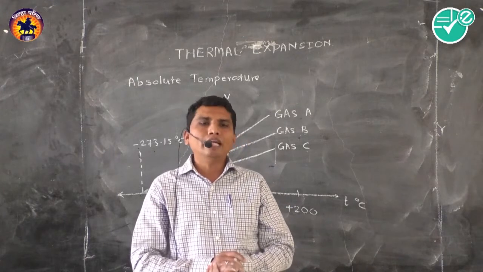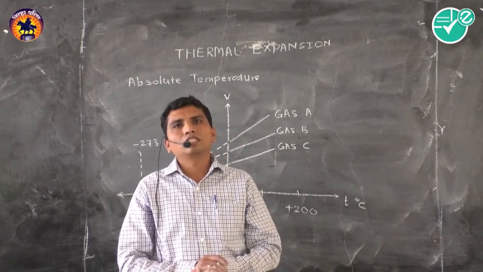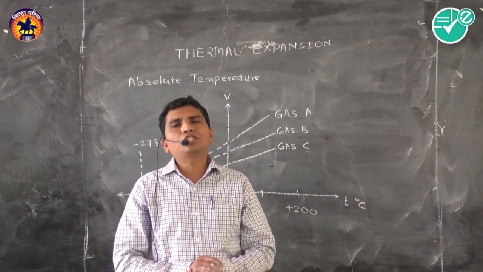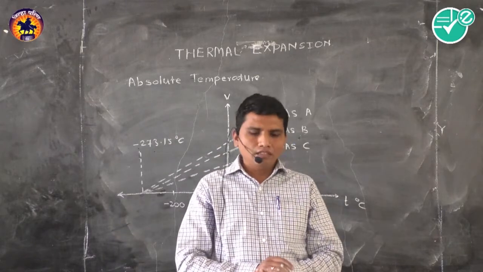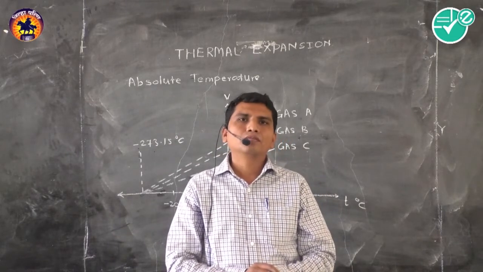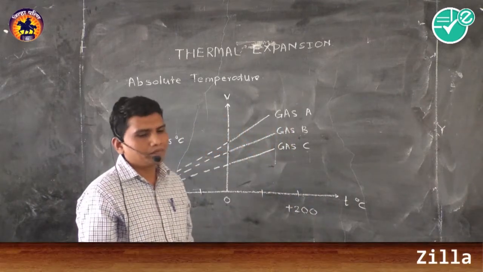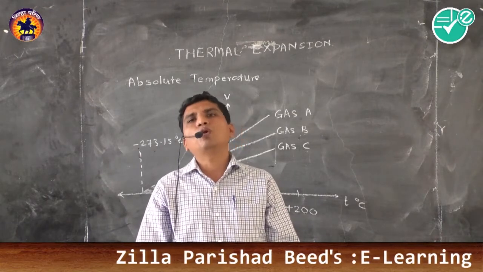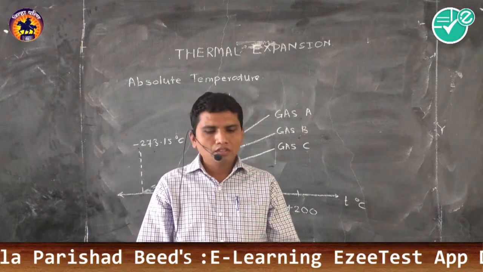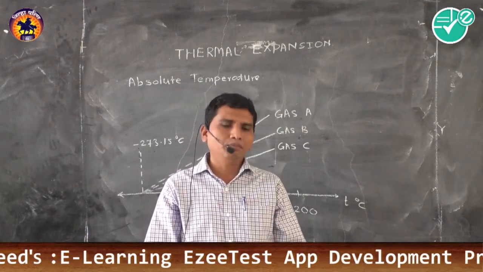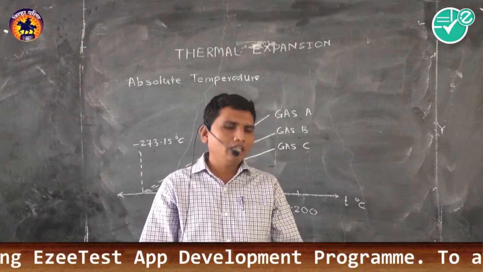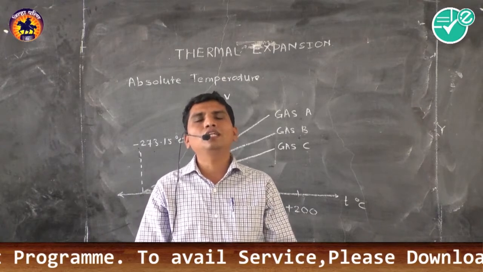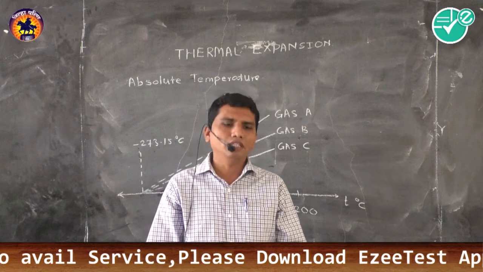The first point: every substance in nature has the least possible molecular activity at absolute zero. Second, the kinetic energy and potential energy of a molecule become zero. Third, the internal energy of the body is zero. So three important points you have to remember here.